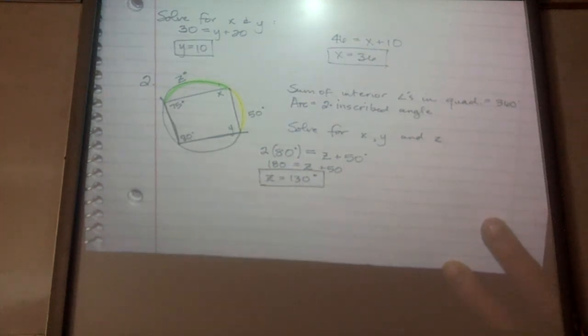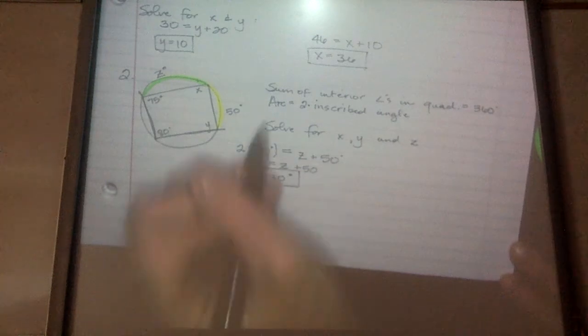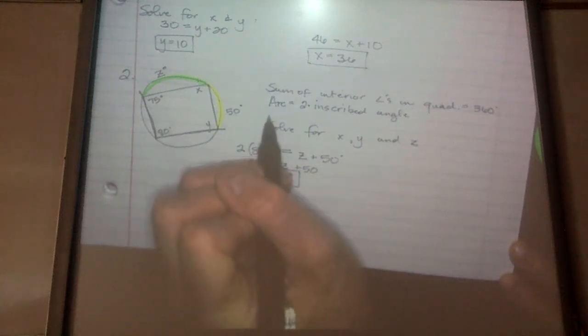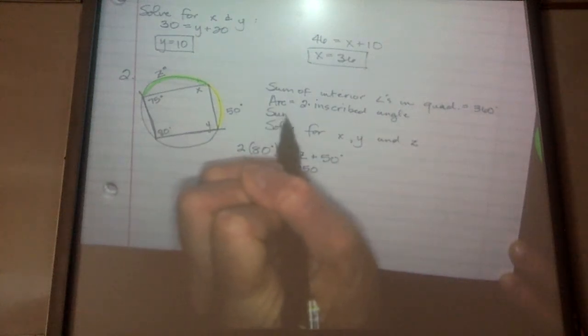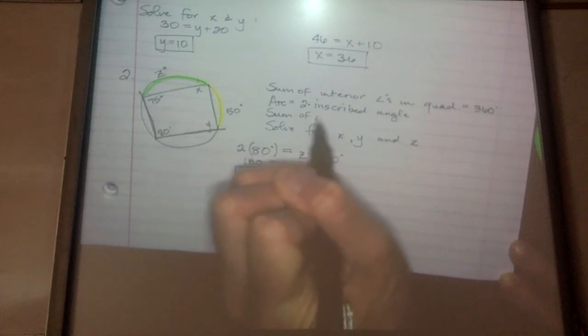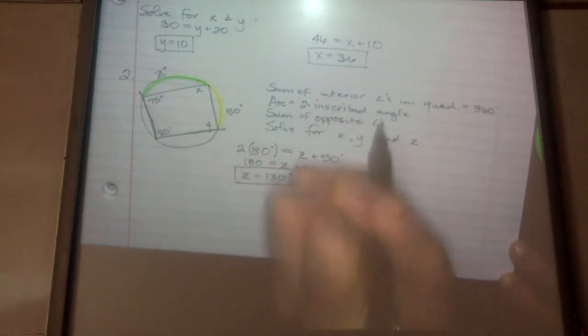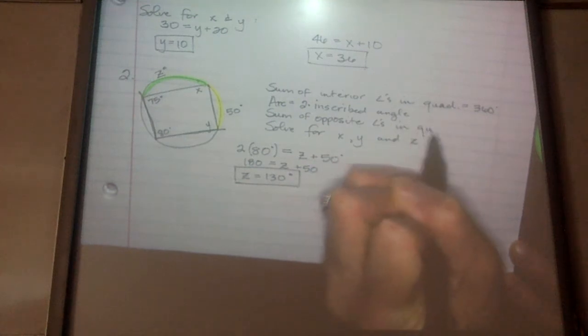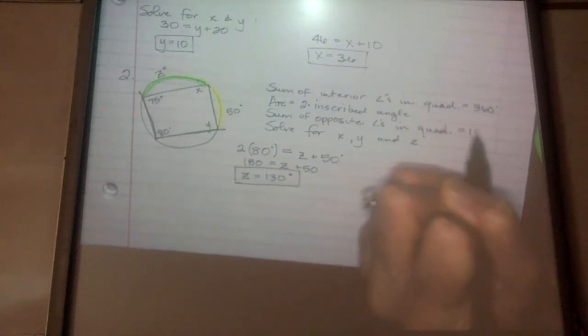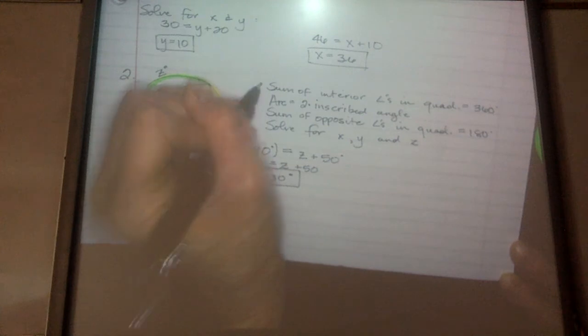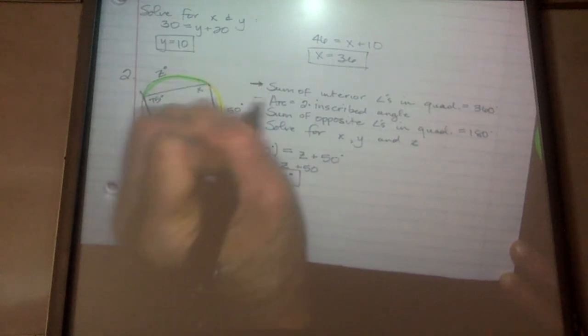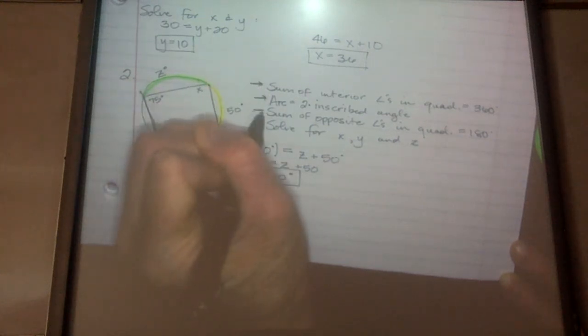Okay. Now I'm going to solve X and Y. Another fact I know is that the sum of opposite angles in a quadrilateral equals 180 degrees. So here are 3 review principles about circles.